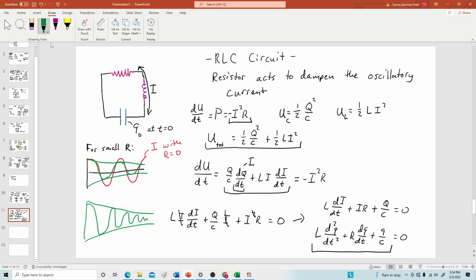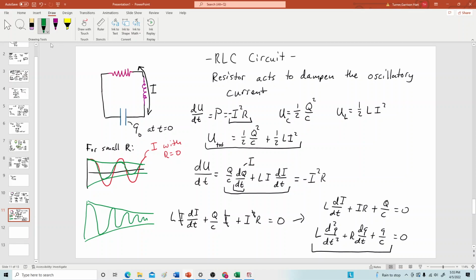For the critically damped case, if your R is just right, then your current will essentially not cycle back. You'll almost get through one cycle, but you won't get through a complete cycle.